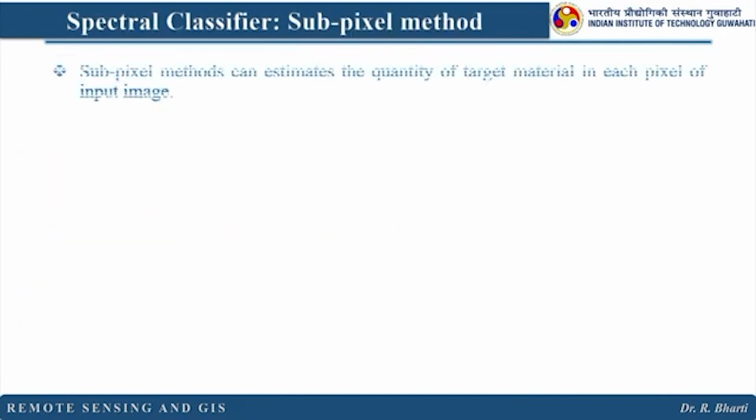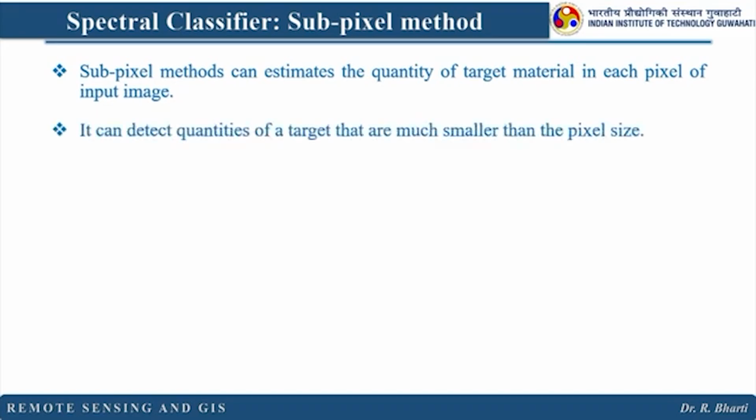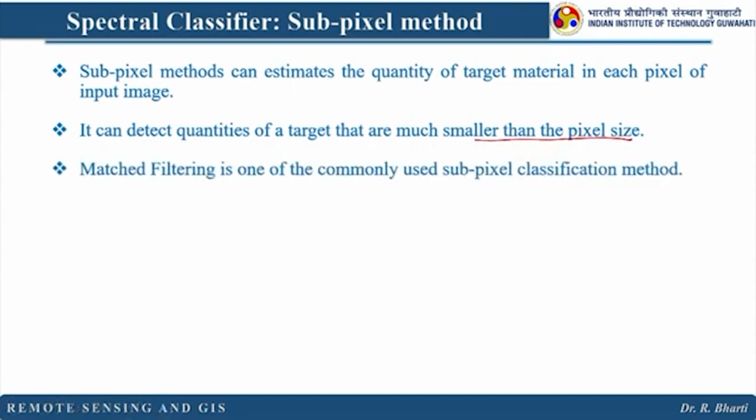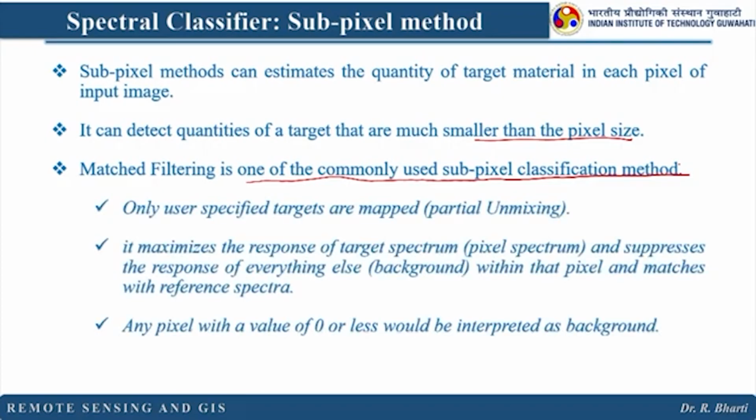In the subpixel method, basically we estimate the quantity of target material in each pixel of the input image. It can detect quantities of a target that are much smaller than the pixel size. Matched filtering is one of the commonly used subpixel classification methods. Here only user specified targets are mapped, that is partial unmixing.